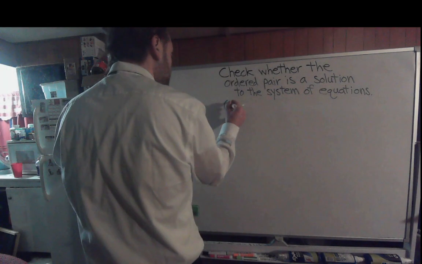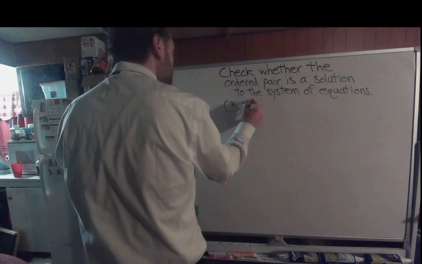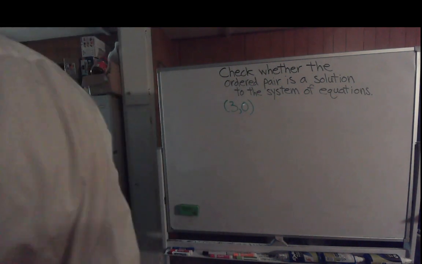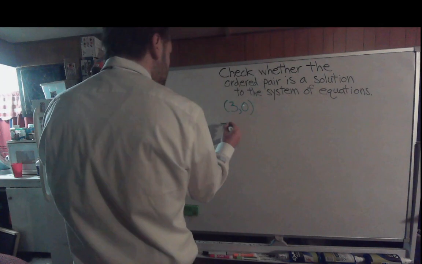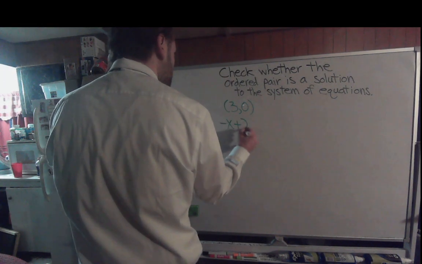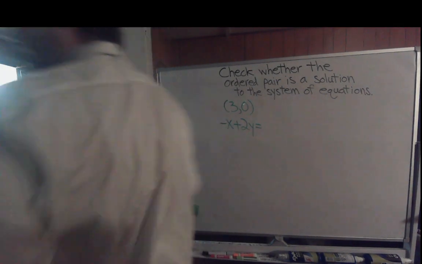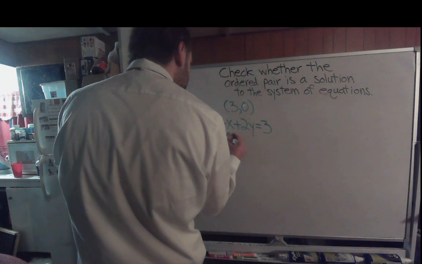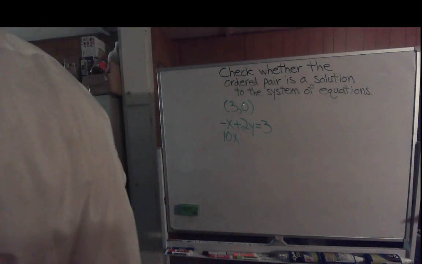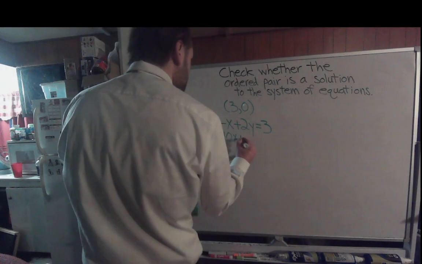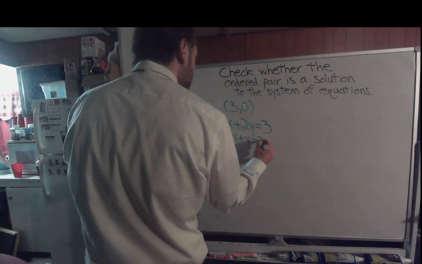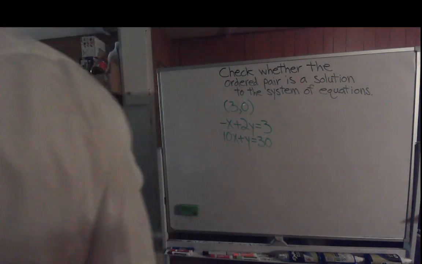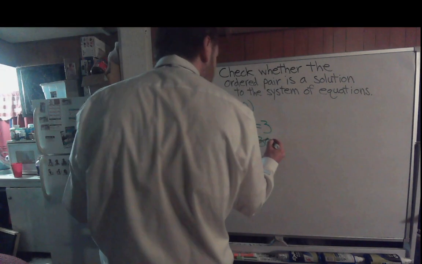Is the point (3, 0) a solution to -x plus 2y equals 3, and then we have 10x plus y equals 30? Make sure I got that right. Okay.